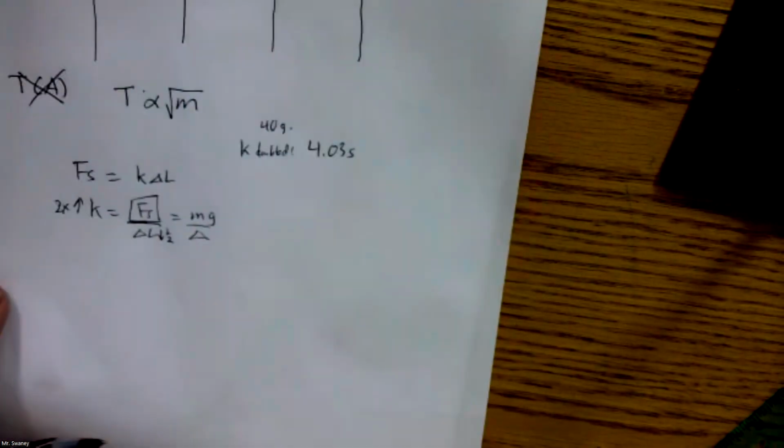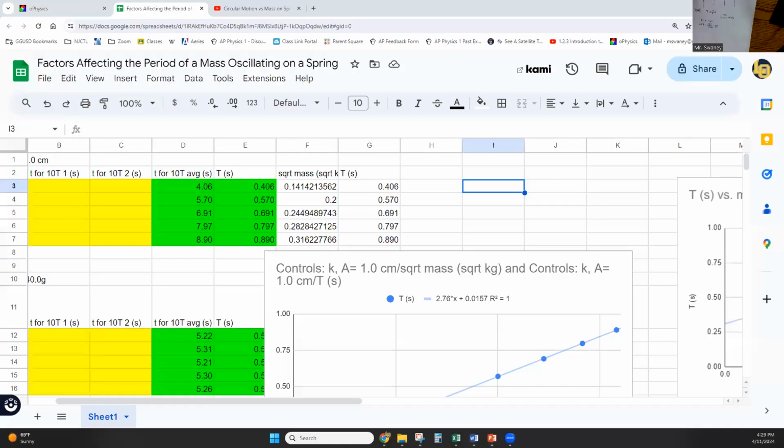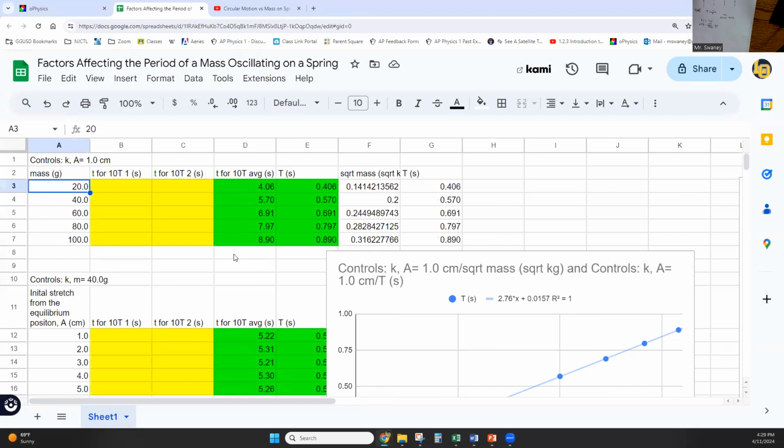And let's look at what the students got. Hopefully these springs are similar. Okay, oh, interesting. They got almost the exact same time over here with 20 grams. But here's my 40 grams, and they had 5.7.